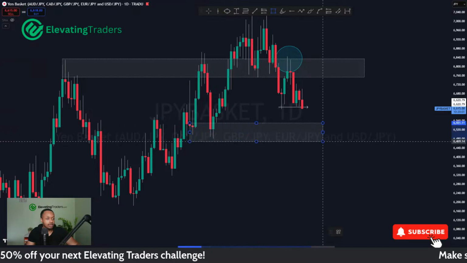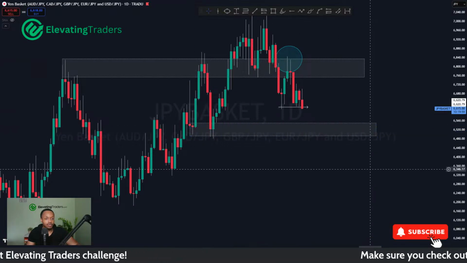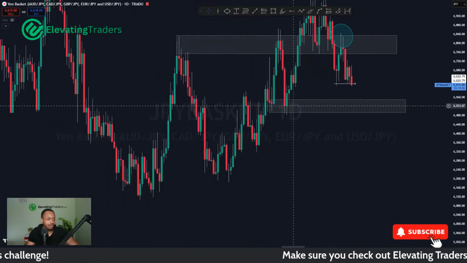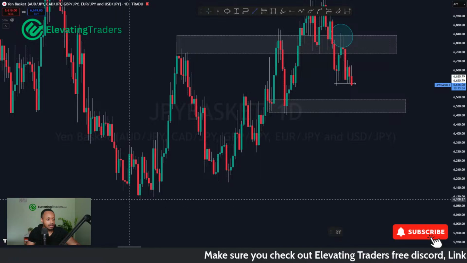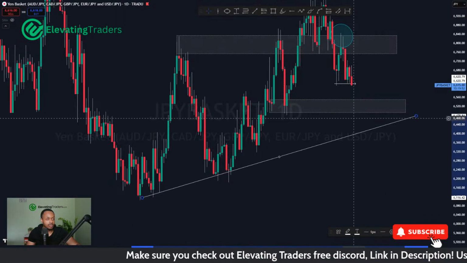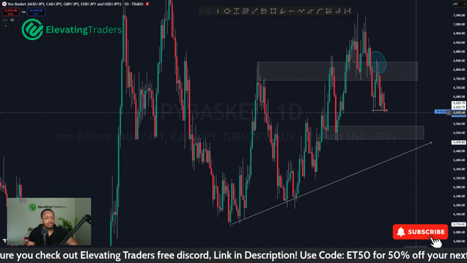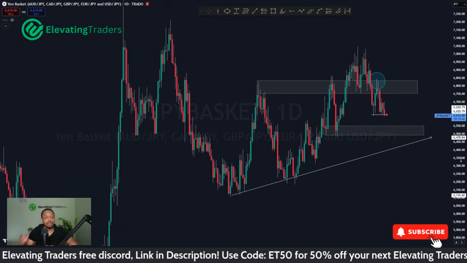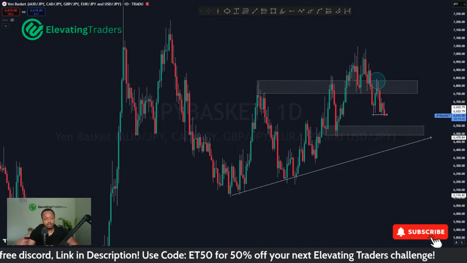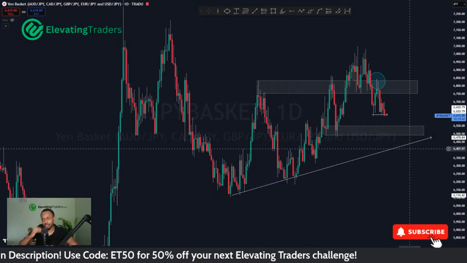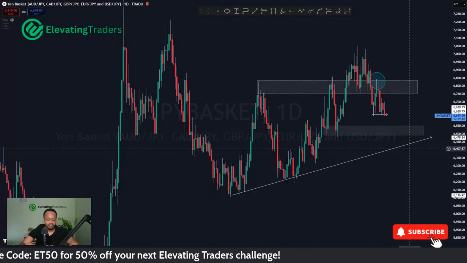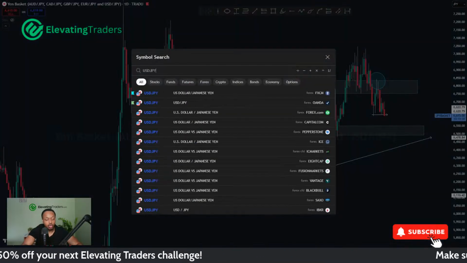We've got support around here that I think price can maneuver into, like I said, around 6,500. There is a trend line here connecting the swing lows. I wonder potentially price will go and take that out as well. But yeah, I do still see yen falling. And if the yen basket does fall to these prices, you're going to see the yen pairs rise as well. So going on to pairs like dollar yen.